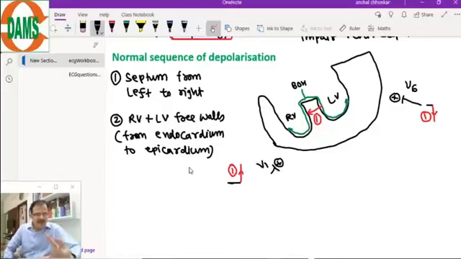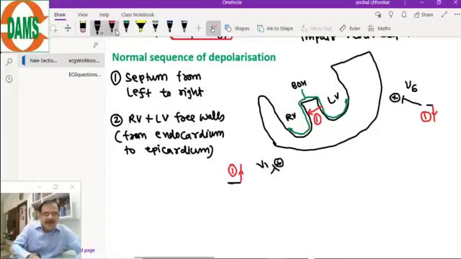And they will depolarize almost simultaneously. Why is the vector going towards the right? Because the septum depolarized from left to right, because the septum takes the impulse from the left bundle. Now, this is number 2 event, almost simultaneous: free walls, endocardium to epicardium.